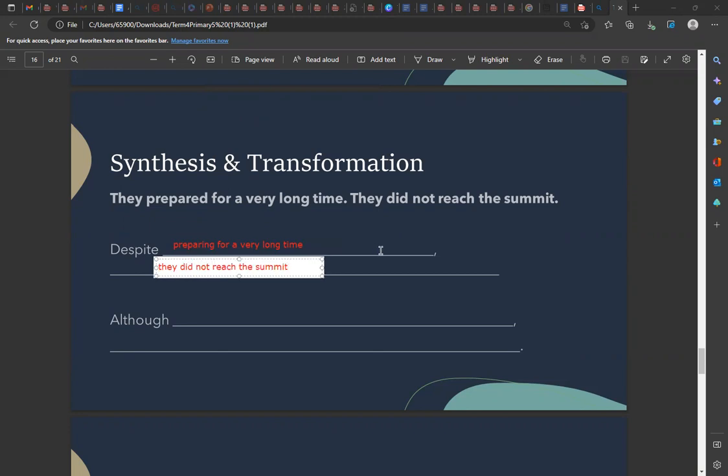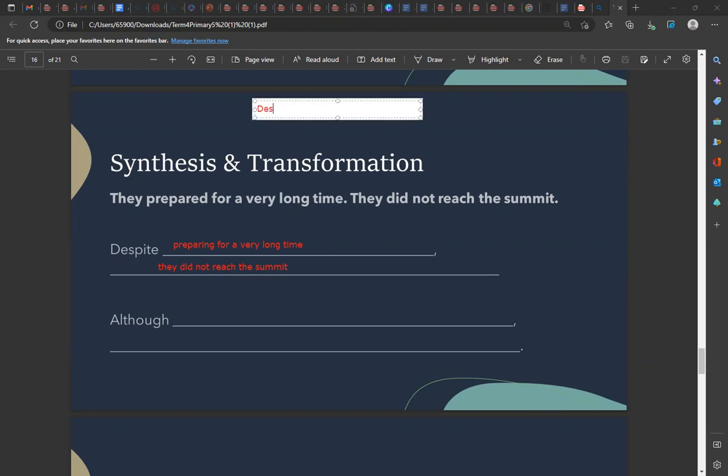And the summit actually means the highest point, the apex of the mountain. So despite preparing for a very long time, they did not reach the summit. We could also follow despite with a noun. So for example, despite her struggle, she did not manage to pass the examination.